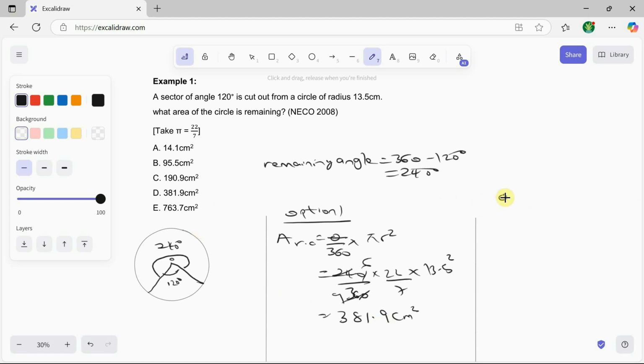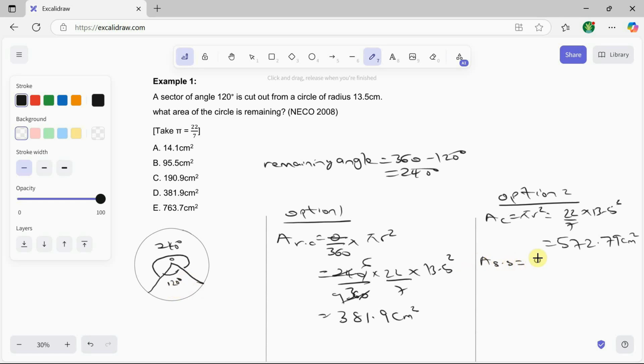For option 2, we're going to find the area of the full circle, which is pi r squared, that is 22/7 times 13.5 all squared. So 22 divided by 7 times 13.5 squared gave me 572.79 centimeters squared. So I have the area of the full circle, now I find the area of the small sector.